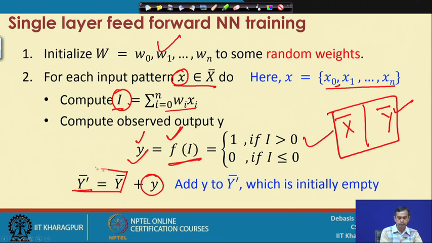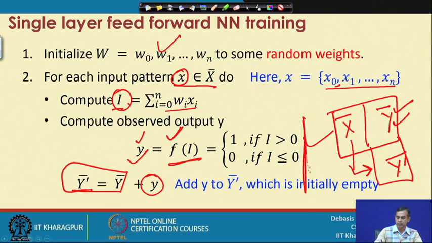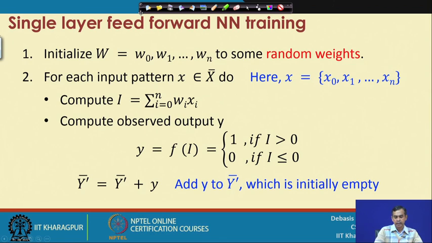So, there is the actual output and this observed output. For each input we will be able to obtain the observed output using this method. Obviously, this observed output is the set of all outputs, initially it is empty. Now, this is the concept here. Now, next let us proceed.